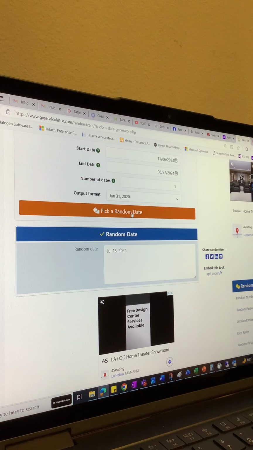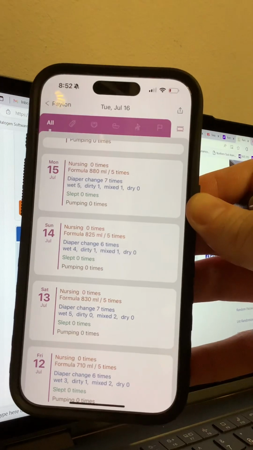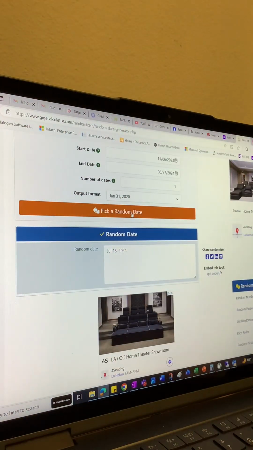And you originally had Peyton, so let's see what Peyton had on July 13. Peyton had 830 on July 13, so your tiebreaker number is 3.